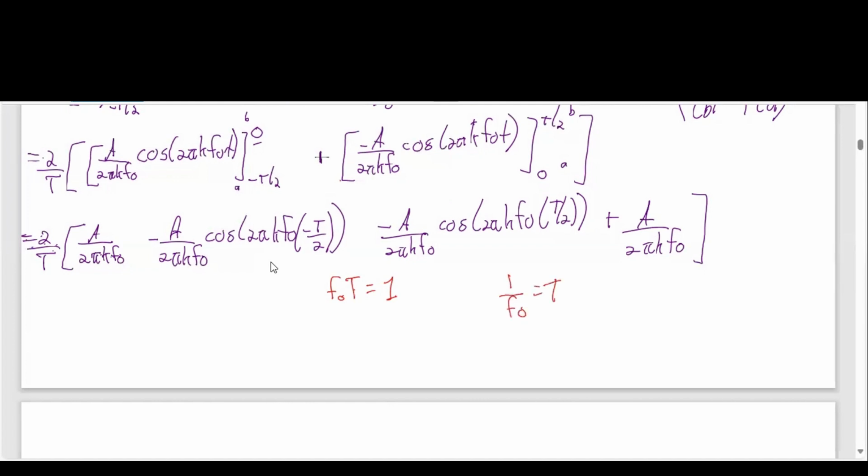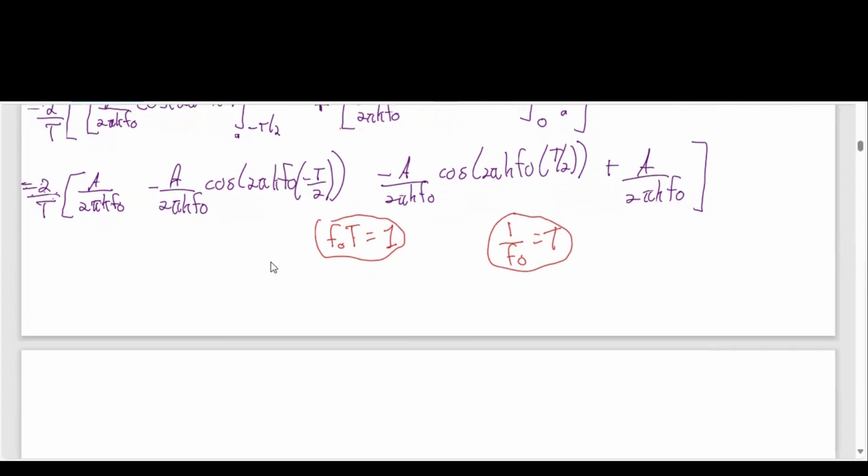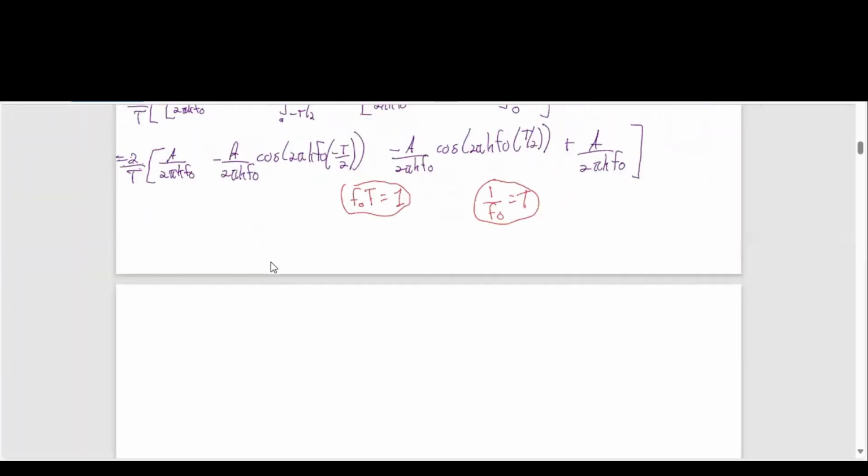If you carry it across, f naught times t will just give you 1. So something to remember: everywhere you see f naught times t, it just boils down to 1. So keep that in mind.